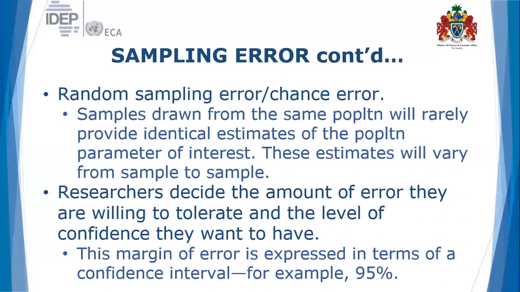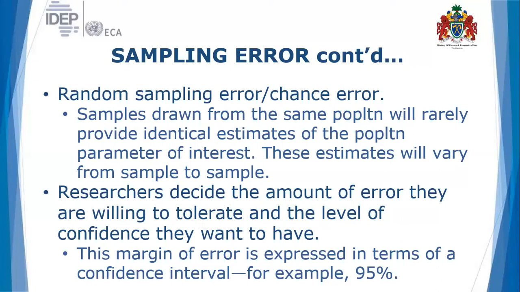On the other hand, random sampling error, also known as chance error, occurs because samples drawn from the same population will rarely provide identical estimates of the population parameters of interest.